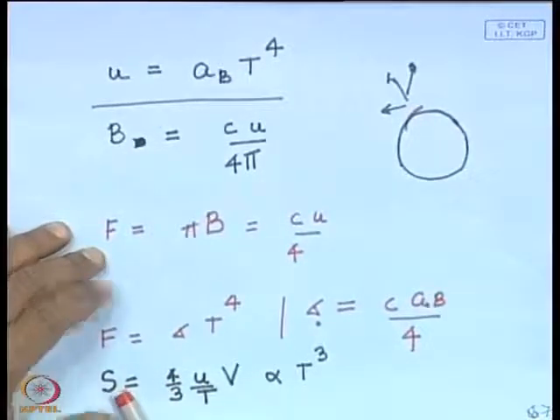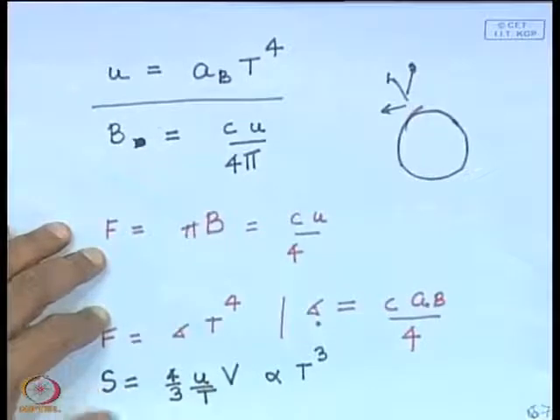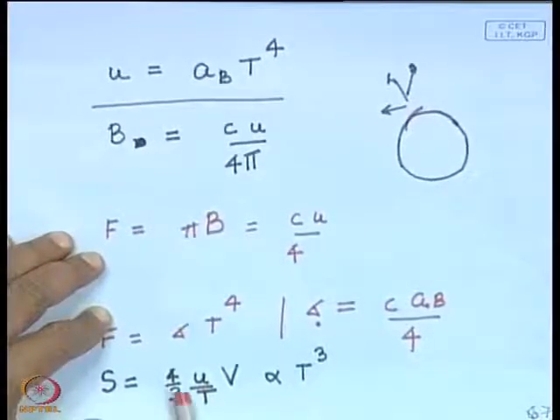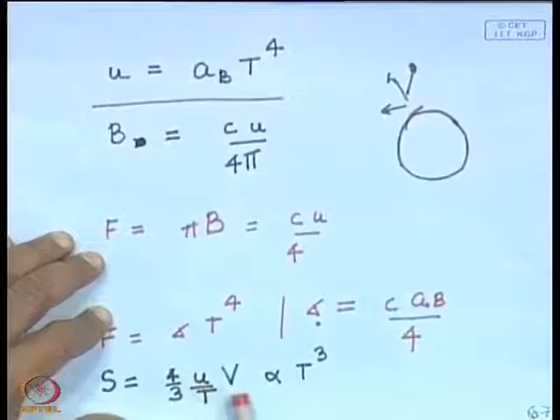We also calculated the entropy, and the entropy we saw is proportional to T cubed, one power of T less, and it is equal to 4/3 into the energy density by the temperature into the volume of the system.